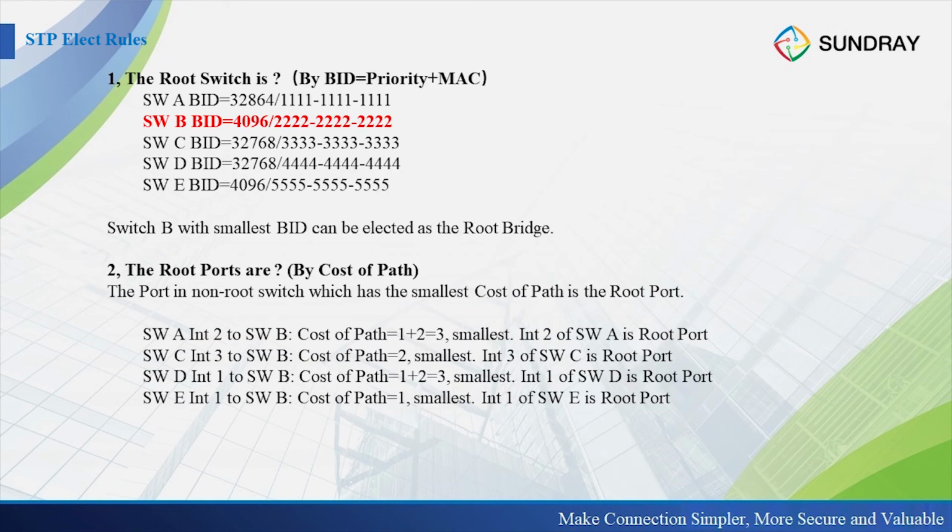At first, we selected the root bridge by comparing the BID, right? We compare the priority and the MAC address. And when we choose the root port, we compare the path cost.